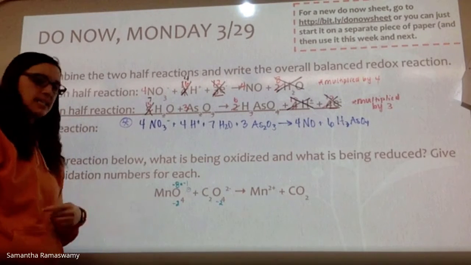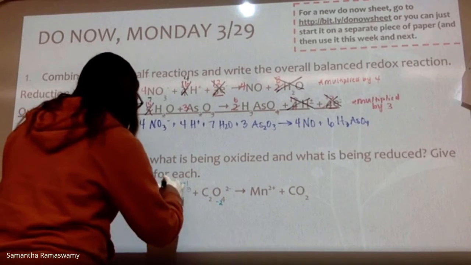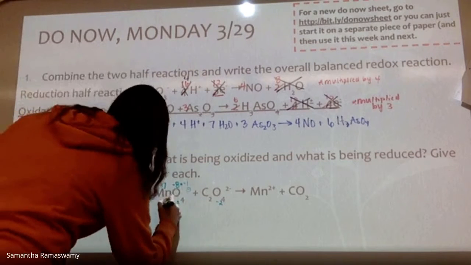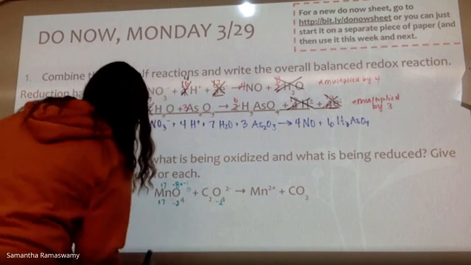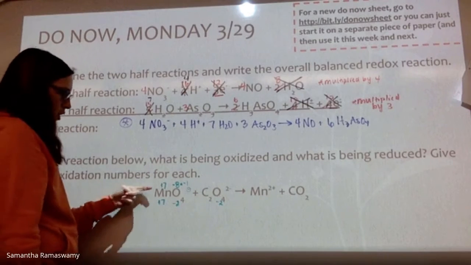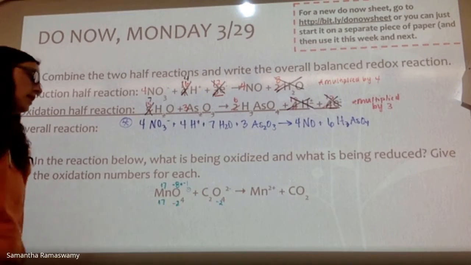So what do you have to add to -8 to get to -1? Well, all of the manganese atoms need to be +7. There's only one manganese, so that means that Mn is +7. So Mn is +7, O is -2. Total, all of the oxidation numbers add up to equal -1. 7 minus 8 is -1.